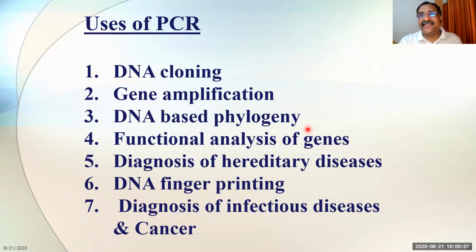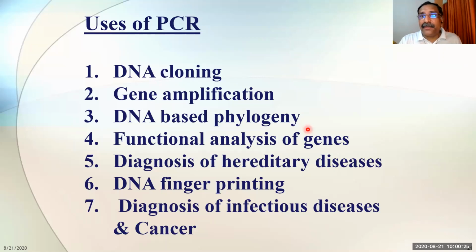So many hereditary diseases and disorders are there today. Even hemophilia, you take, and so on. You are going to come to that portion in gene therapy. All these diseases we can diagnose by using polymerase chain reaction.